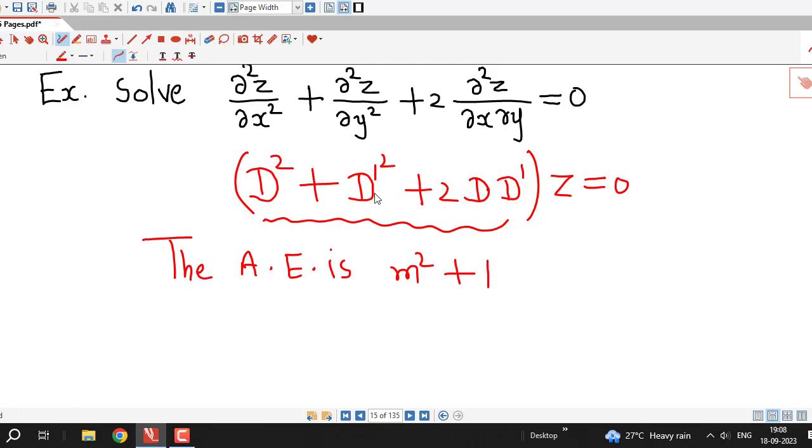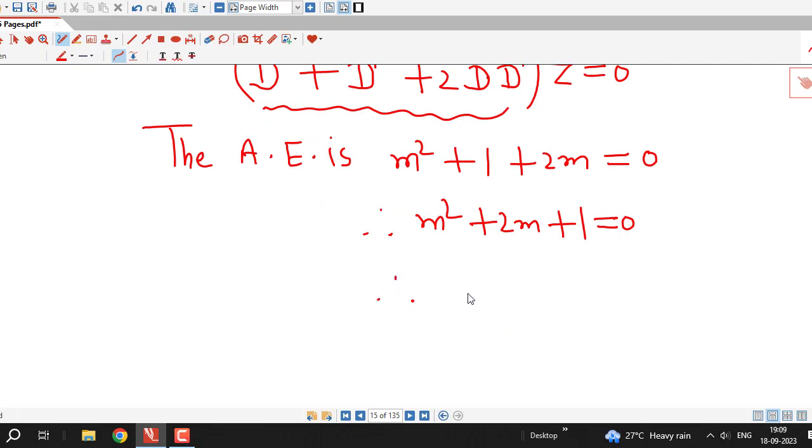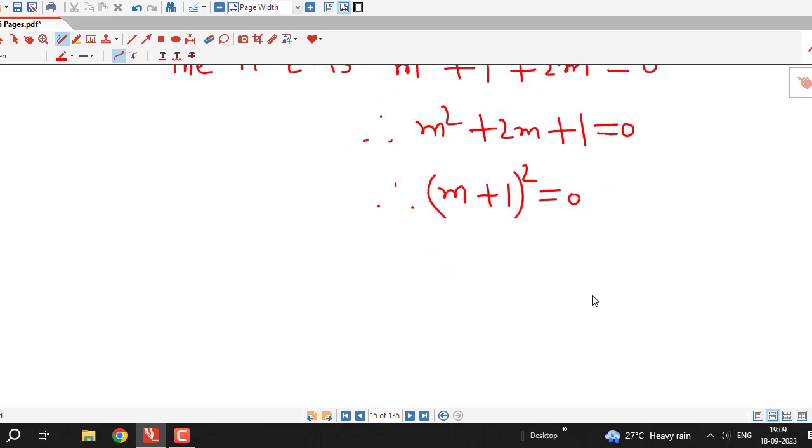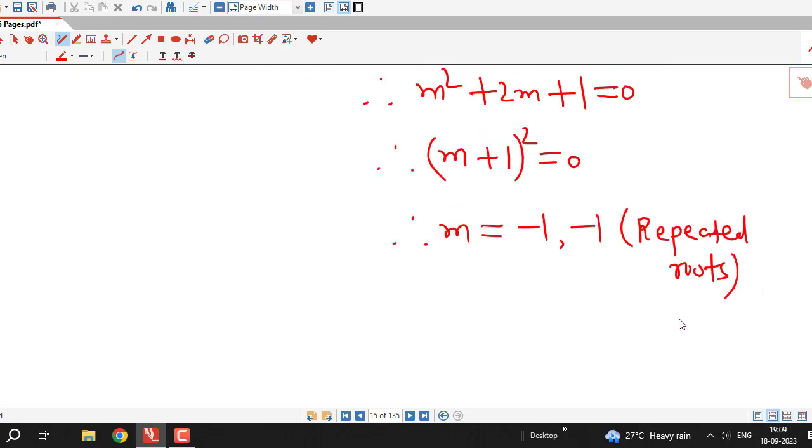So I have m square plus 1 plus 2m and equate it to 0. That is, I have m square plus 2m plus 1 equal to 0. Therefore, this I can rewrite as the square of m plus 1 equal to 0. Therefore, m is minus 1, that is repeated roots. We have the case of repeated roots now.